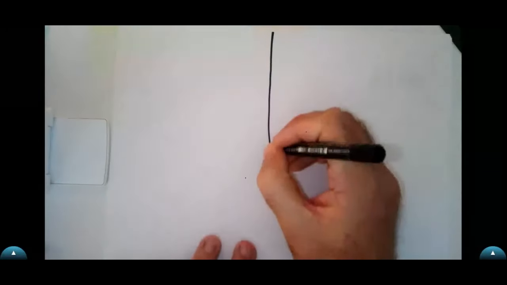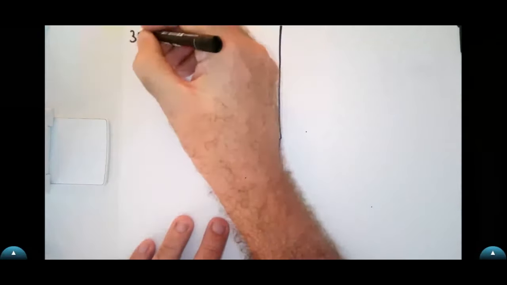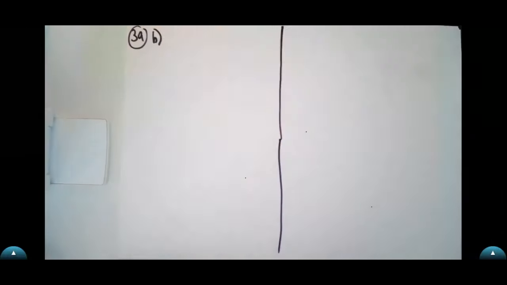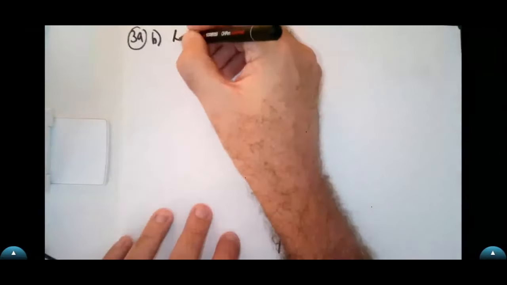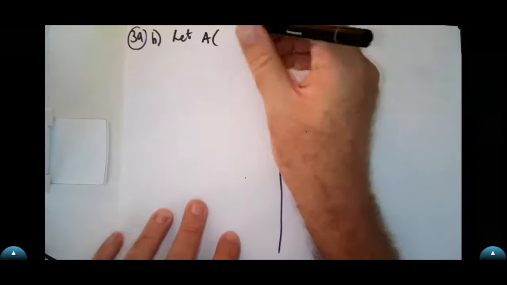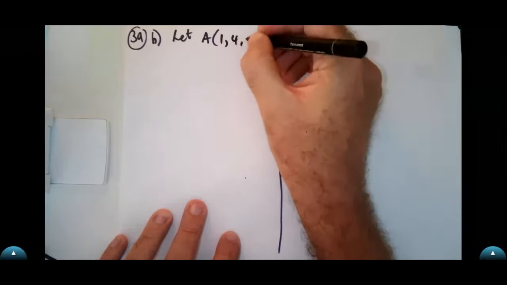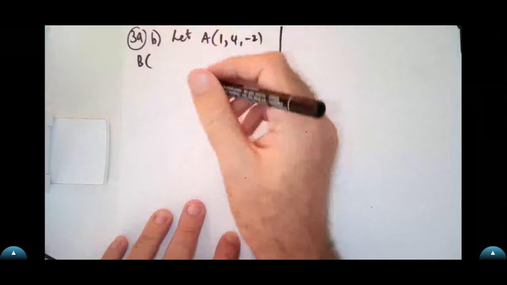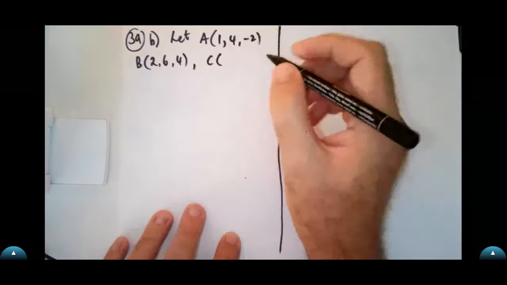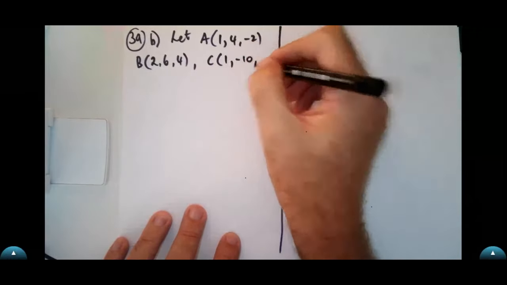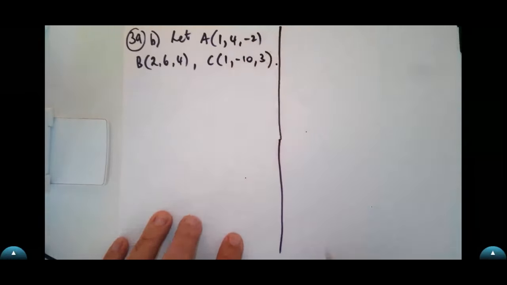So, 39B. All right, so let A have this position, B have this position, this point, the coordinates, and C is here.